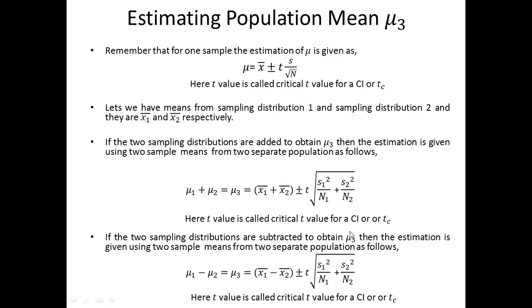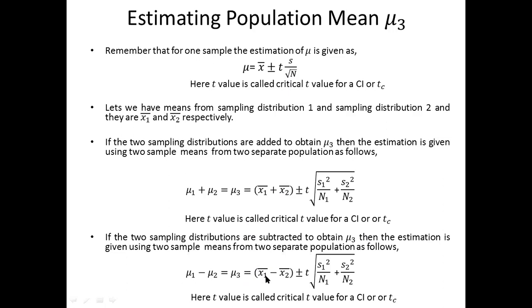And if the two sampling distributions are subtracted to obtain the third population, then the estimation is given using two sample means from two separate populations as follows: mu1 minus mu2 is equal to mu3. Previously, it was mu1 plus mu2 is equal to mu3. The only difference is x1 bar plus x2 bar was the previous case when the two sampling distributions were added.